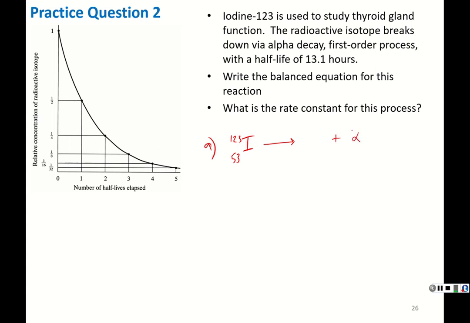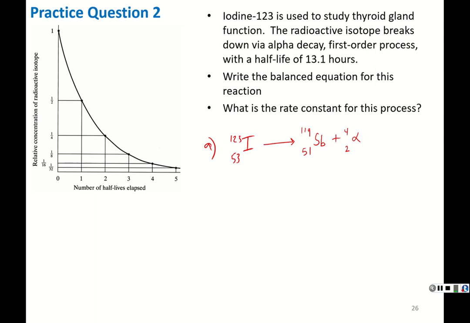So we know that the alpha particle has a mass number of 4, and it has 2 protons. So we know 123 has decreased by 4, so that's 119 mass number. And we know 53 has decreased by 2, so that goes to 51. And element 51 is antimony, Sb. Okay, so there's our nuclear reaction.